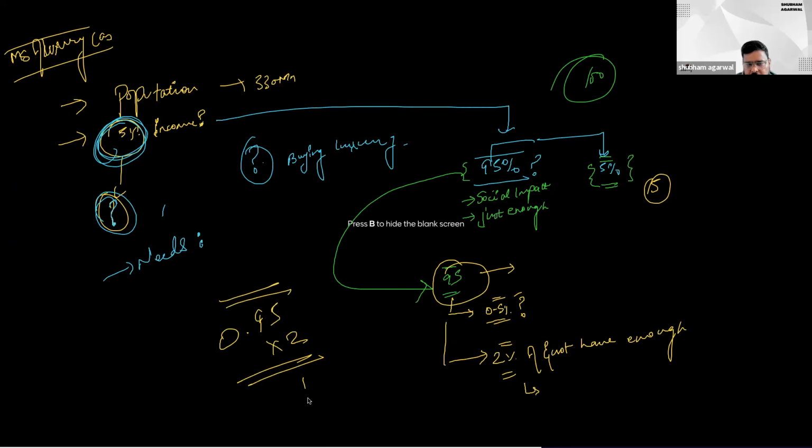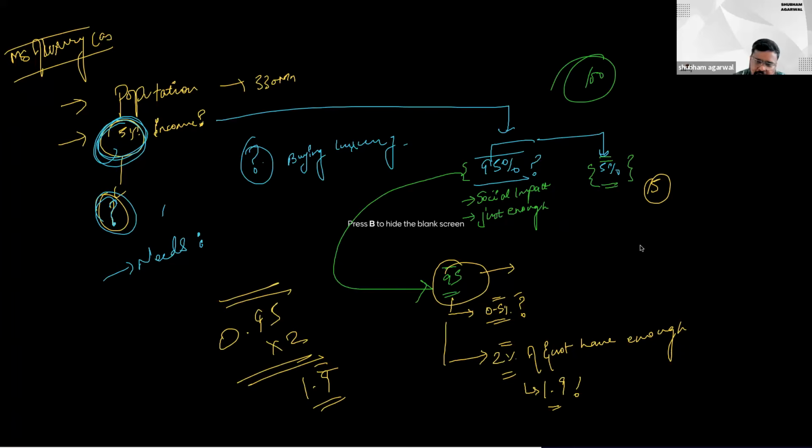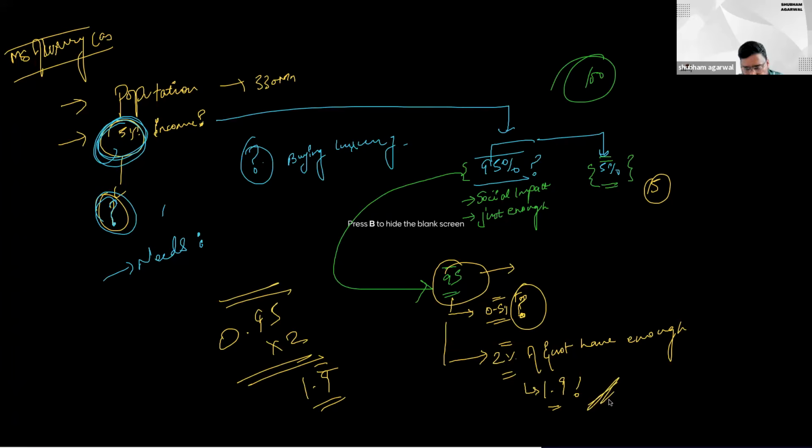Oh, sorry, 1.9. 1.9, sorry, not 19. All right. So 1.9. And you're saying this is 0.5% of 95%, right? Yeah. Okay. All right. Well, good enough.